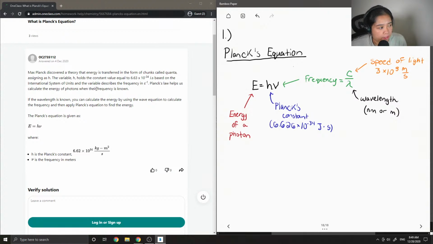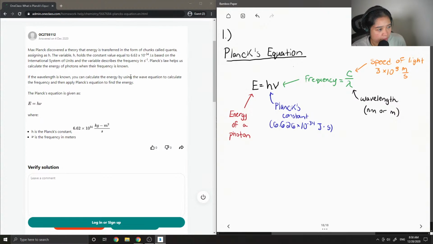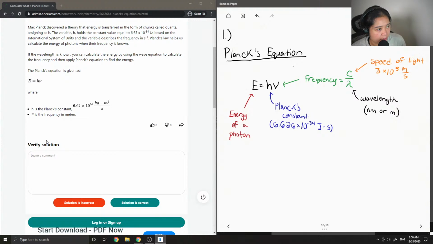Planck's law helps us calculate the energy of photons when their frequency is known. If the wavelength is known, you can calculate the energy by using the wave equation to calculate the frequency, and then apply Planck's equation to find the energy. Planck's equation is given as E equals h times v, where h is Planck's constant, and v is the frequency in meters.